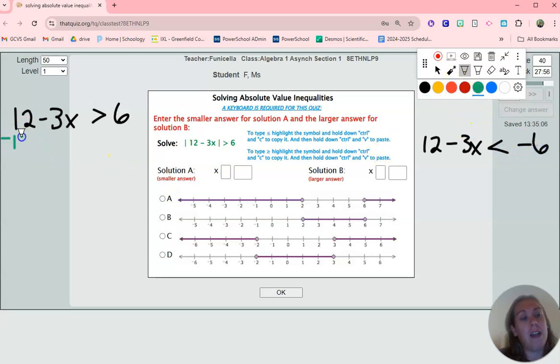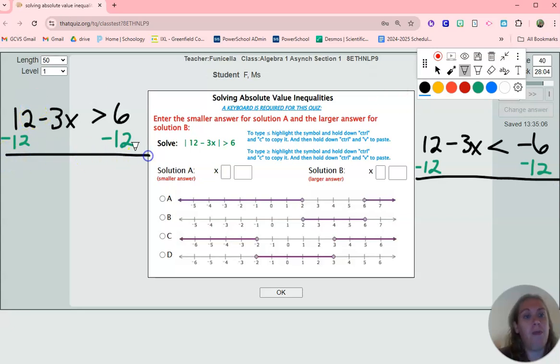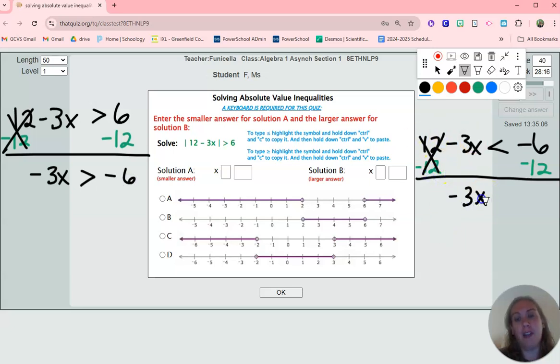First step is to get rid of that 12, and we're using subtraction because it is a positive number. 12 minus 12 is 0, so we have negative 3x is greater than 6 minus 12 is a negative 6. Bring down that negative 3x on the other side is less than negative 6 minus 12 is negative 18.